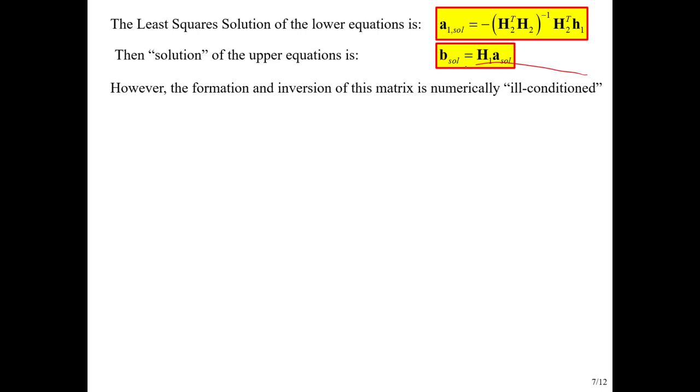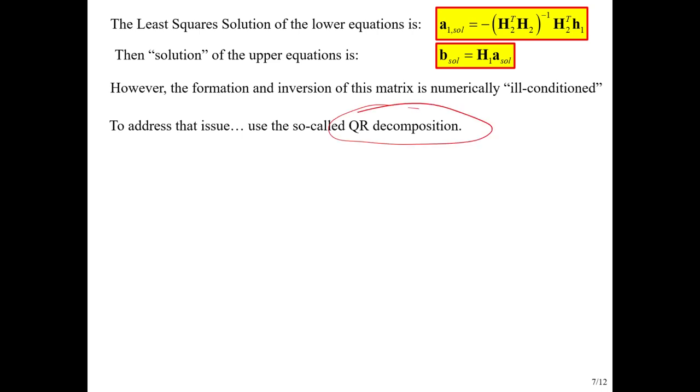And so in the matrix setting, the matrix is said to be ill-conditioned. So we want to avoid that. And so there are ways to address that numerically. If you've studied linear algebra, maybe you learned something called the QR decomposition. Its main use is in numerical linear algebra and used to address these kinds of ill-conditioning issues.